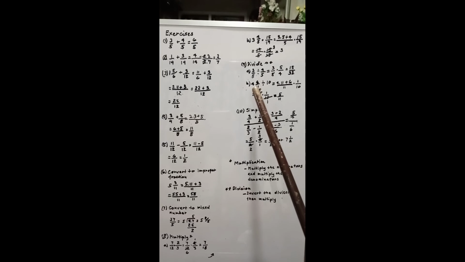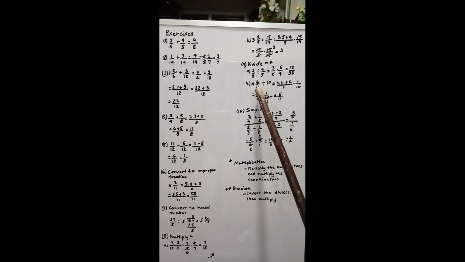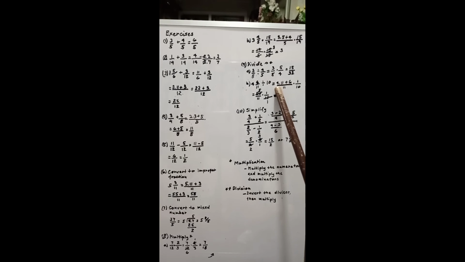Letter B. We have 4 and 6 over 11 divided by 10. Change again. 11 times 4 plus 6. So you have there 4 times 11 plus 6 over 11 divided by 10. Now remember that any whole number has a denominator 1. So this can be written as 10 over 1. So we will invert that, so that becomes 1 over 10, and then the division sign becomes the multiplication sign.